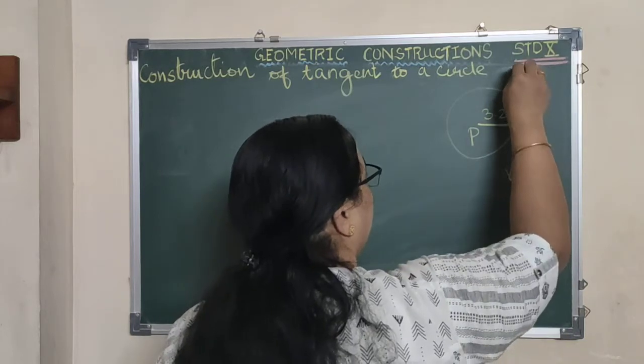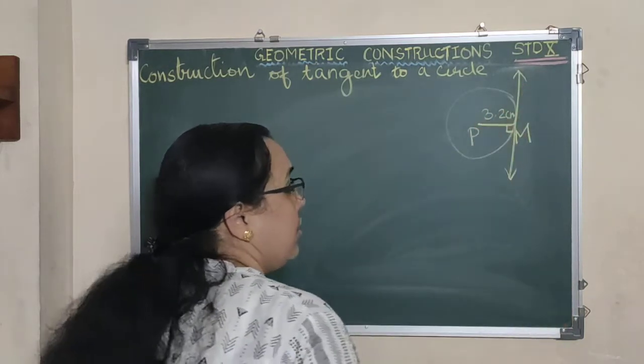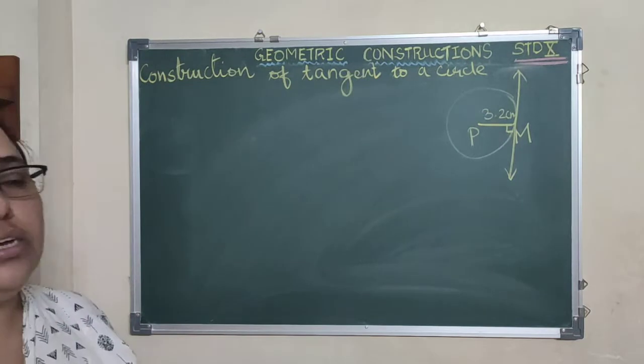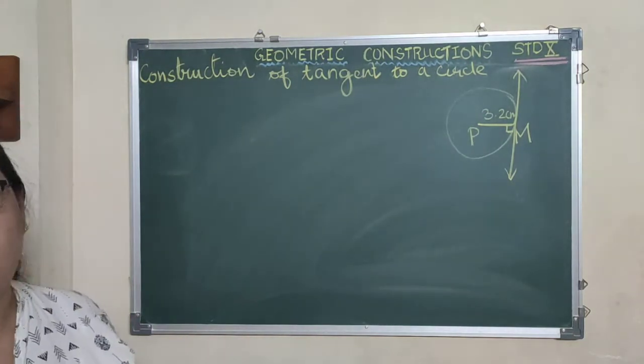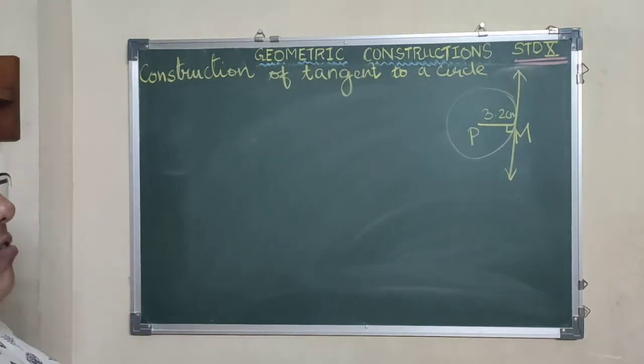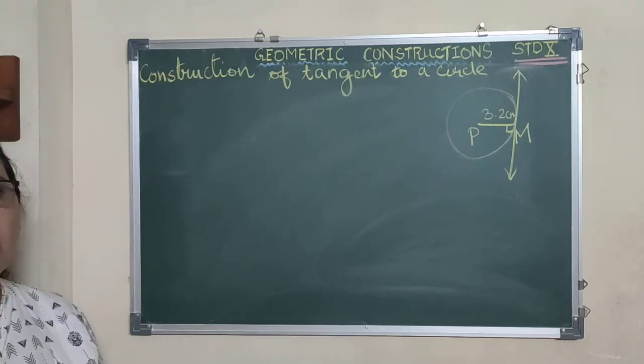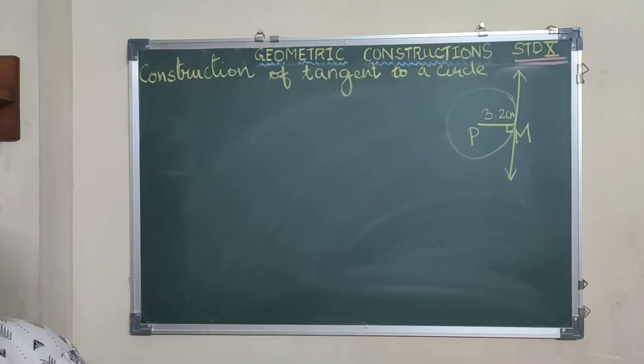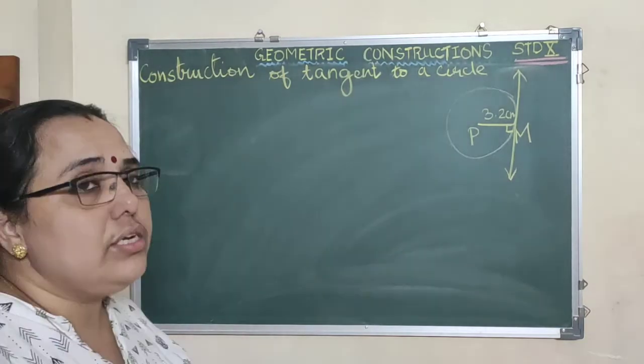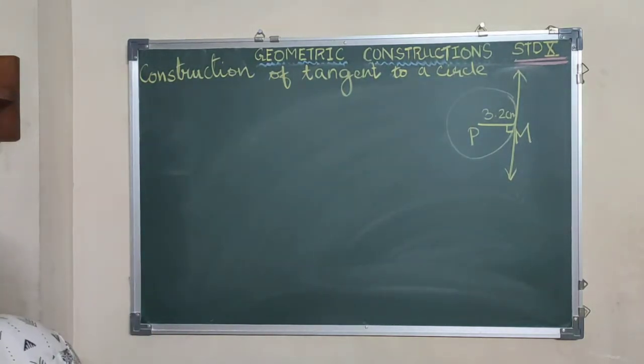Now let us recall the theory behind it, what we have studied in circle chapter. What is the speciality of the line tangent to a circle? Yes, tangent is perpendicular to the radius. So taking that point in mind, that is how we are going to do the construction.